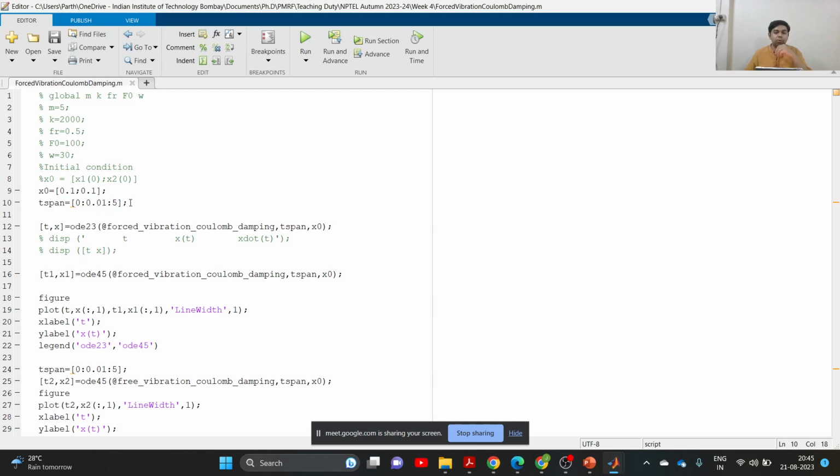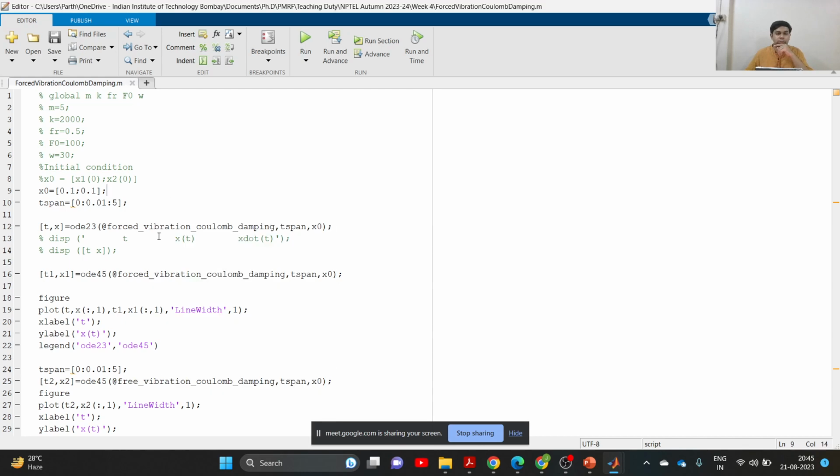Let us say we want to look at the motion for the first 5 seconds. Then we can use the ODE23 or ODE45 solvers, and we will see the performance of these two solvers individually.